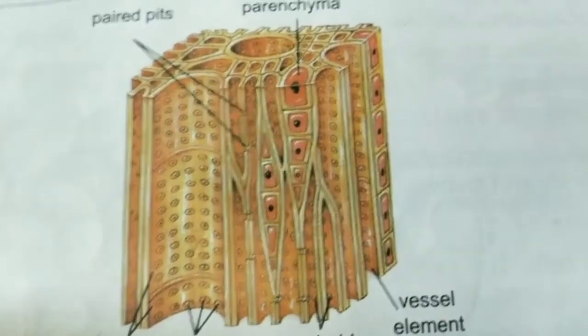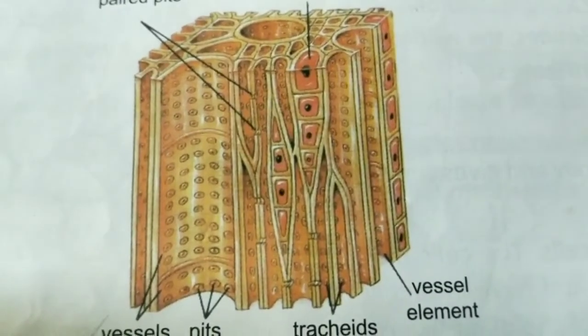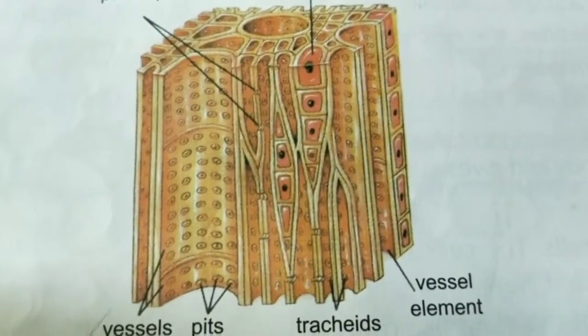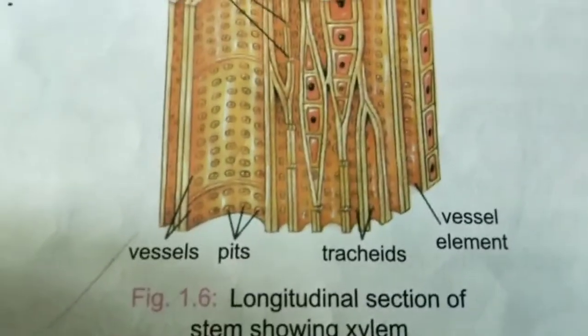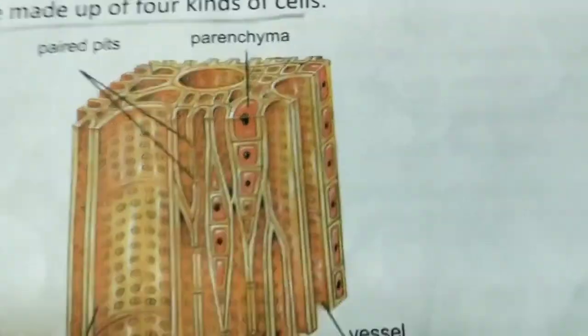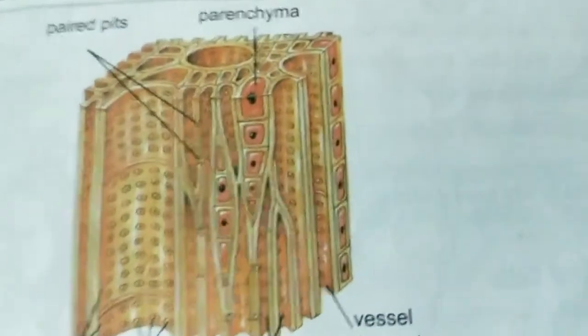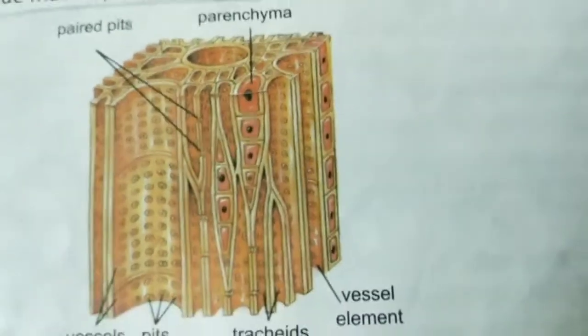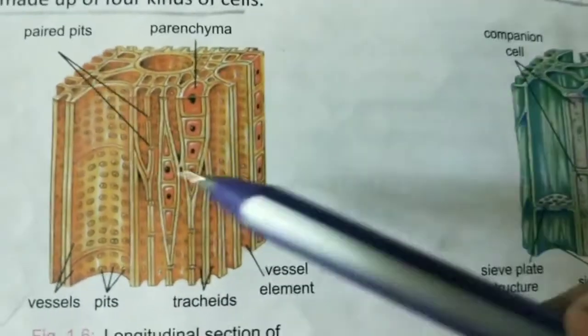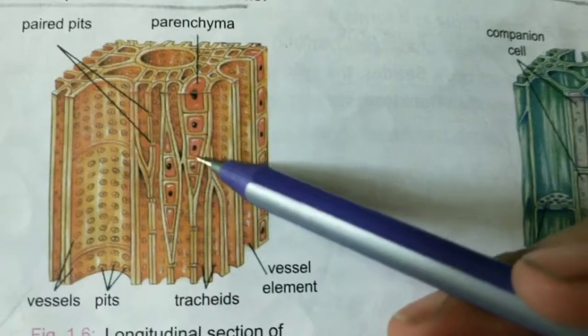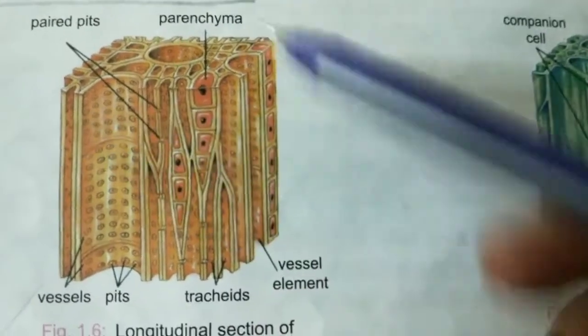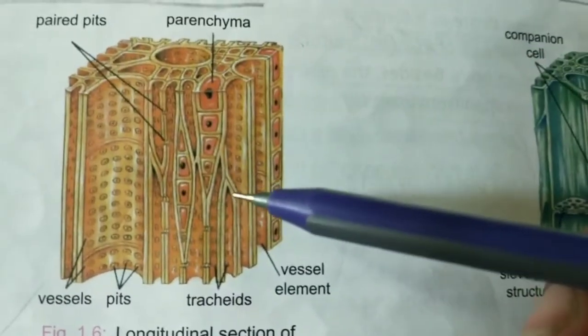In which all the cells are dead except the parenchyma cells. In these cells you can see the nucleus. Why? Because these parenchyma cells are living only. Rest all are dead cells. So see here.